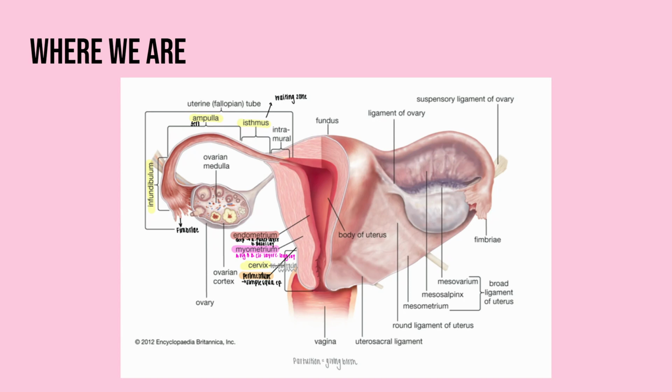And this is days 0 to 7. So it's half of the follicular phase. This is when you shed the stratum functionalis, which is the inner layer of the endometrium of the uterus. There are 2 layers of the endometrium, the functional layer and the basal.